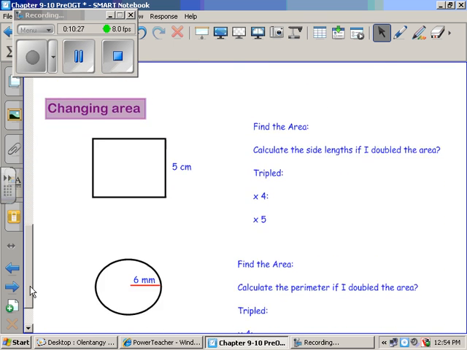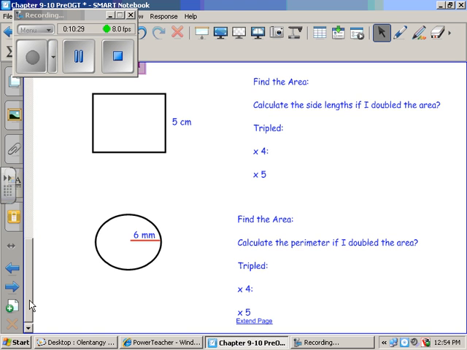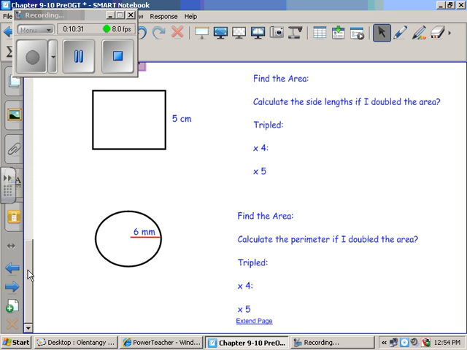All right. Now let's take a look at circles because they're just a little bit different because they only have one dimension, right? Or only one measurable dimension. They're two-dimensional, but the radius is the only thing we use. All right. So find the area of the shape as it is now.